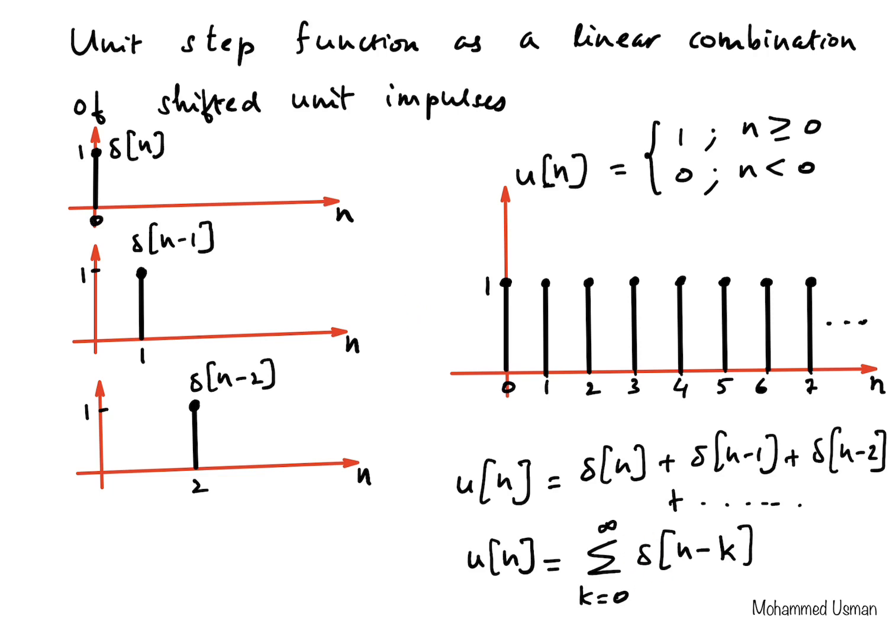That is why LTI systems make such an interesting topic. And that is exactly what we are going to demonstrate: how we can find the response of an LTI system if we know the response of the system to the unit impulse function.